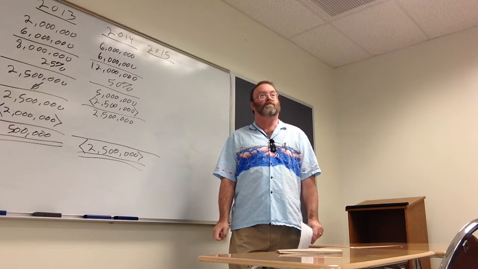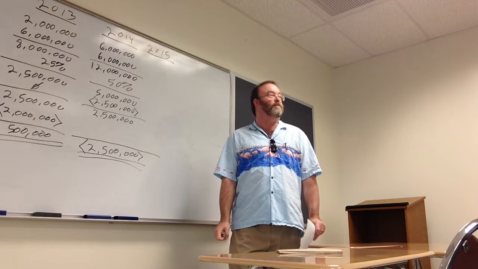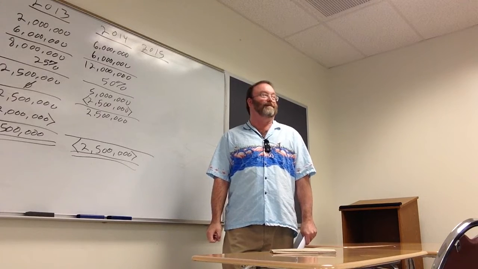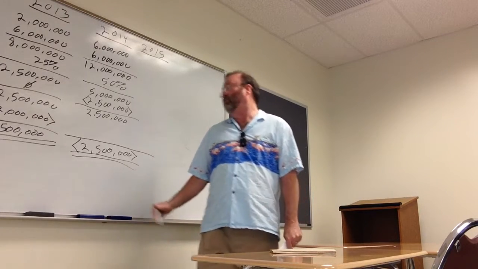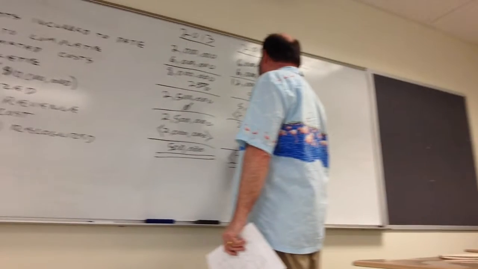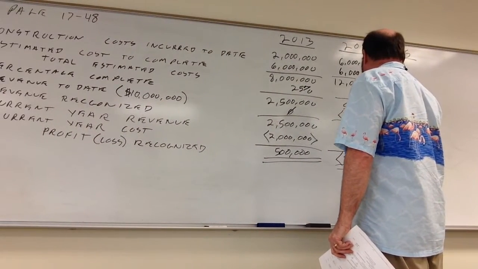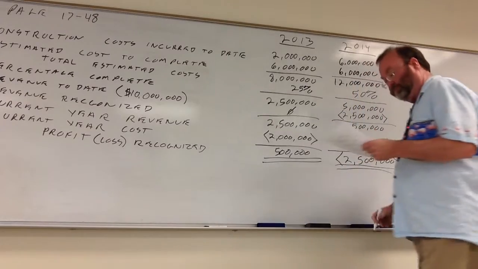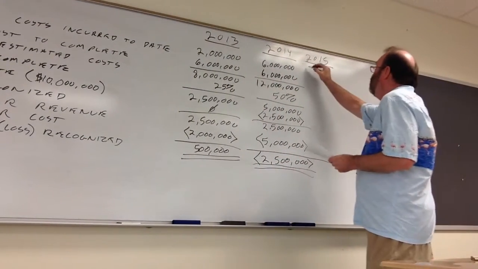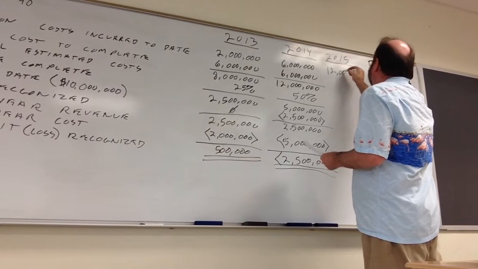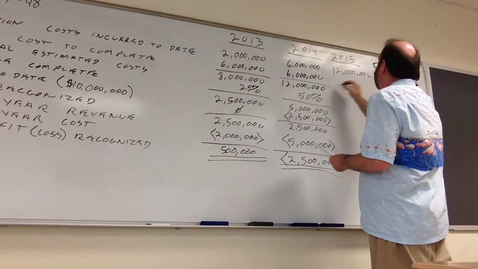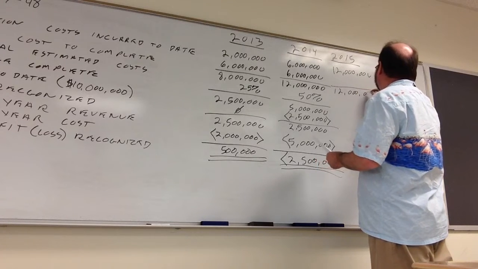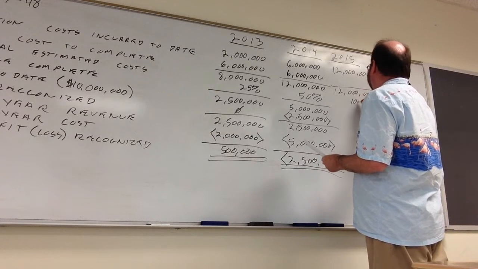If you think it's a good deal, I want you to do all my construction projects from here on out. So $5 million is the cost that we need to incur. We need to accrue $5 million worth of loss. In reality, they do finish it for $12 million. Now it's 100% complete.